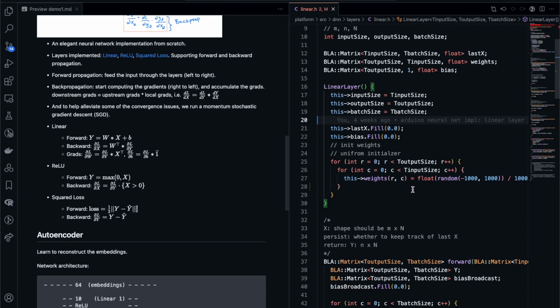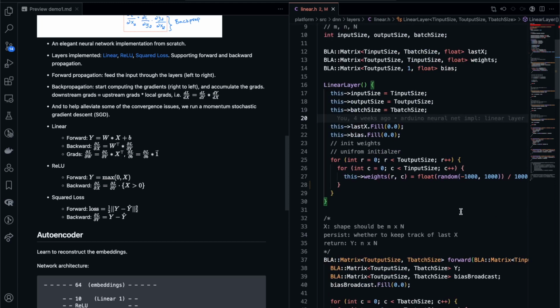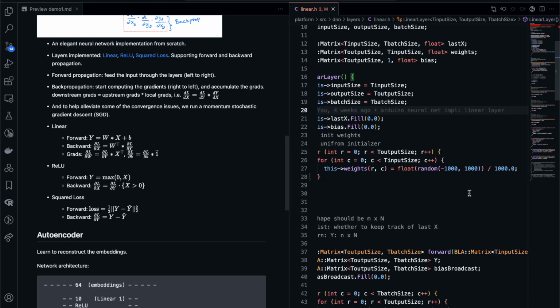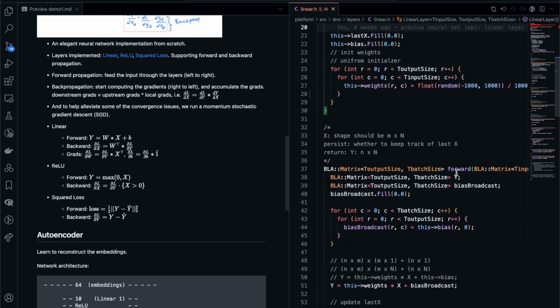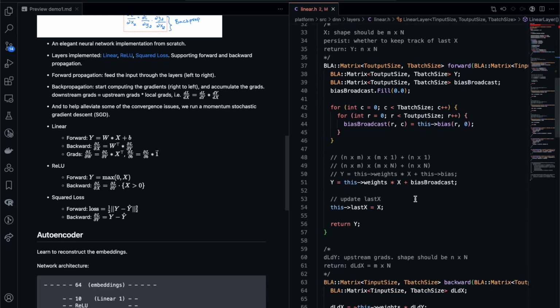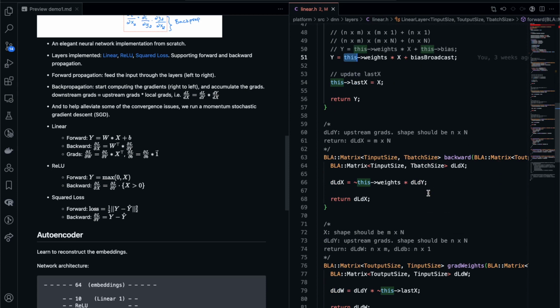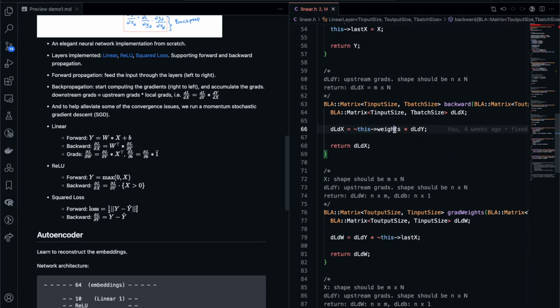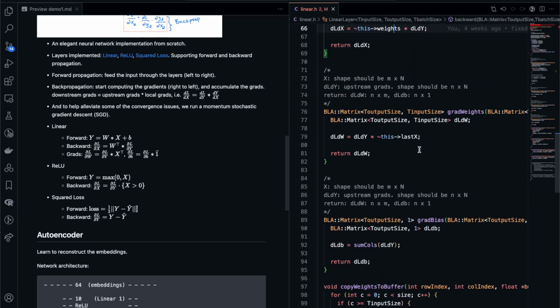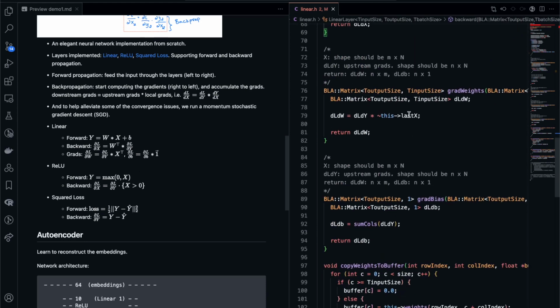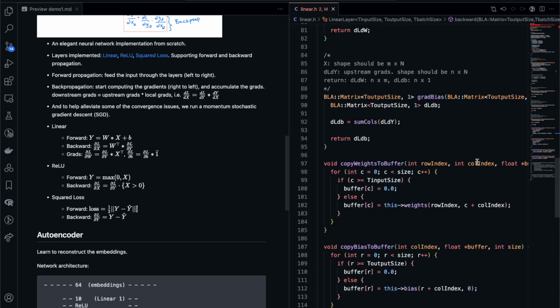We initialize the weights randomly using a uniform initializer, which is just sampling between the interval of -1 and 1. And here are the forward implementation, the backward, and the gradients of the weights and the bias.